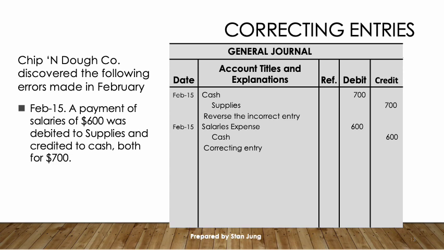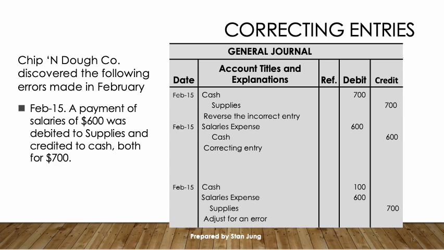Now, before I move on, I'd like to take a look at the one-step process. The end result of using the two-step process or the one-step process should be the same, but it's up to you in terms of what you would prefer to use.